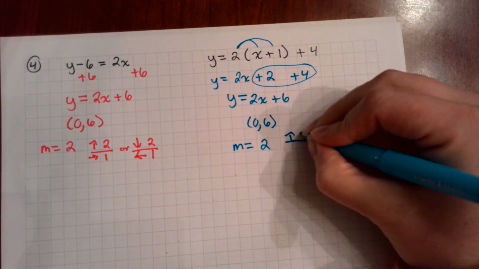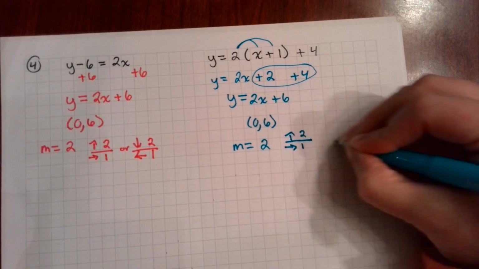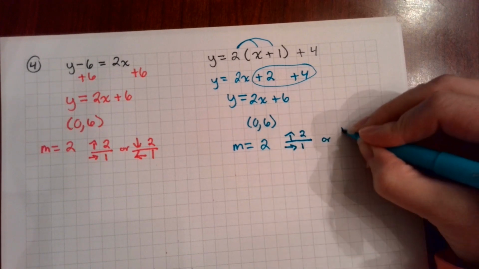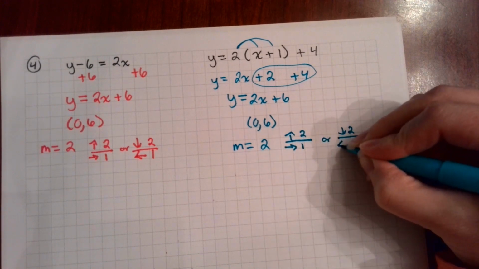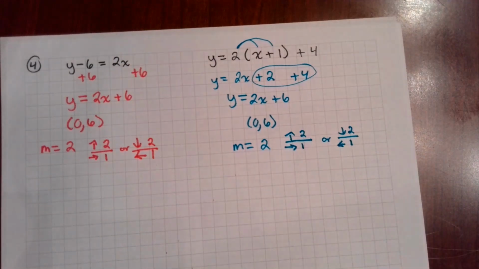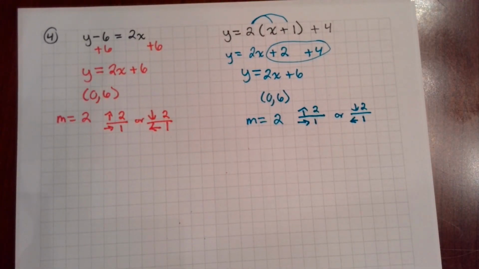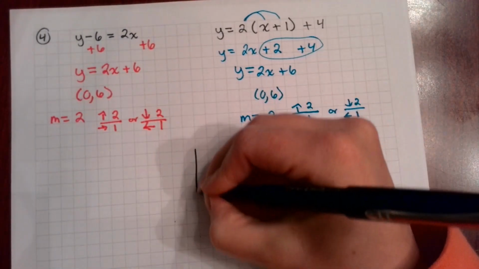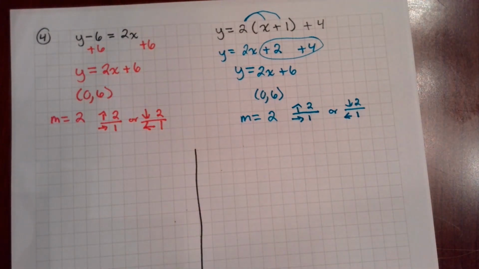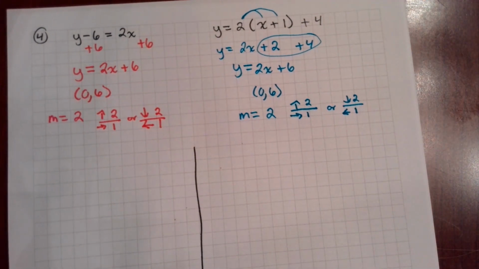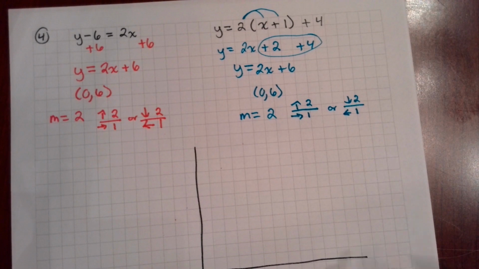But again, I want to show it to you graphically so that you get that idea. I'm just writing down the slope directions for that one as well. Let's go ahead and graph it, just so that you can have a proper idea of what it looks like.